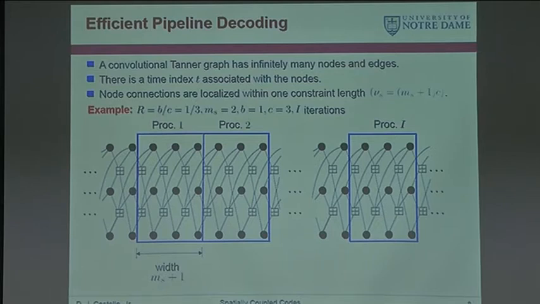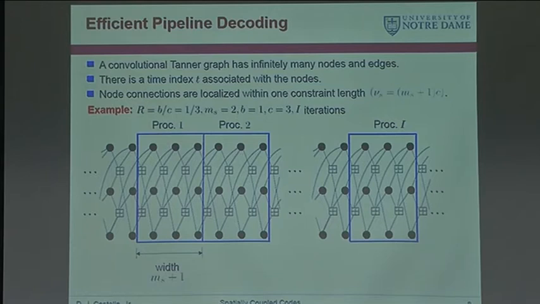And since in one iteration nodes can only speak across one constraint length, the idea was, if we were going to do I iterations, we would use a set of I processors. Each one would cover one constraint length, and they would all be identical.